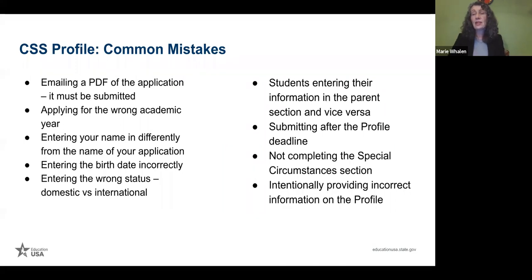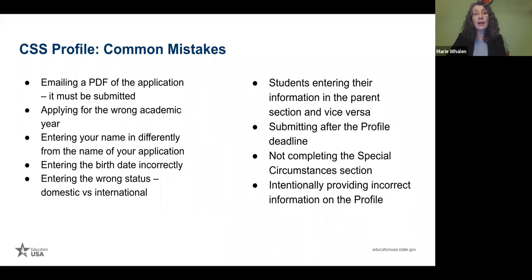Another important factor is be sure to click on the correct academic year. If you go to the website for signing in and creating your account, it will ask you, are you applying for this academic year or that academic year?